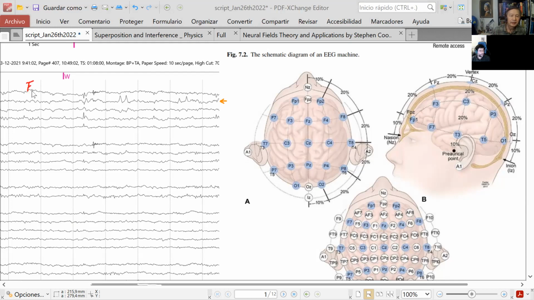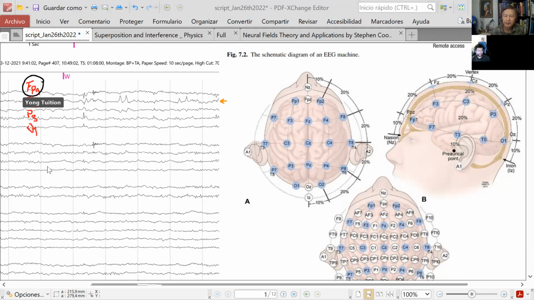FP1, F3, P3, and O1. This is the convention. Now tell me, as an example, where did I put the electrodes to obtain this signal, by using a pair of electrodes on the brain?